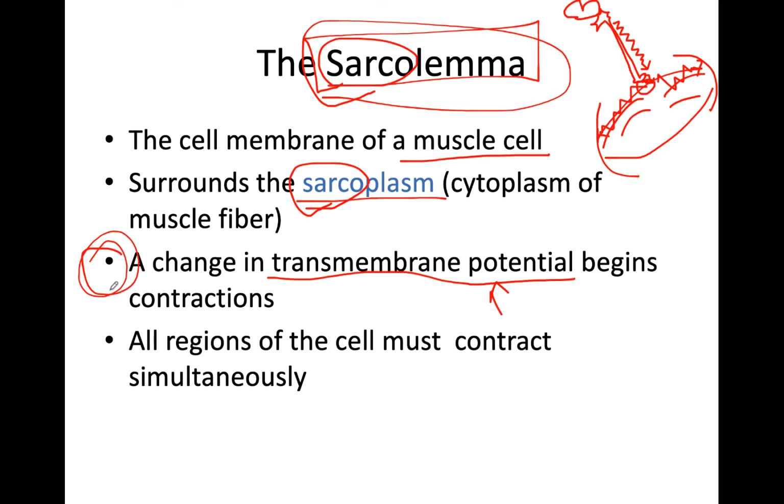And again, that brings us to our second point. The ability of the cell's sarcolemma to transmit a voltage, aka a potential, allows that cell to all contract simultaneously to generate the force you need to, let's say, move a table. So that is your sarcolemma.